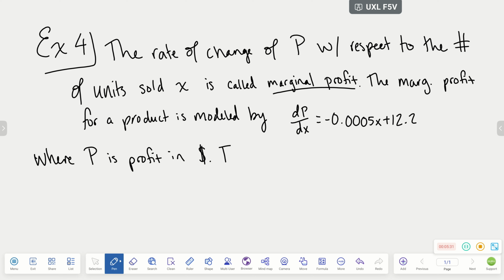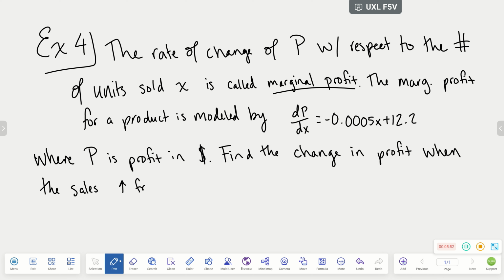So now it wants to find the change in profit when the sales increase from 100 to 200 units.